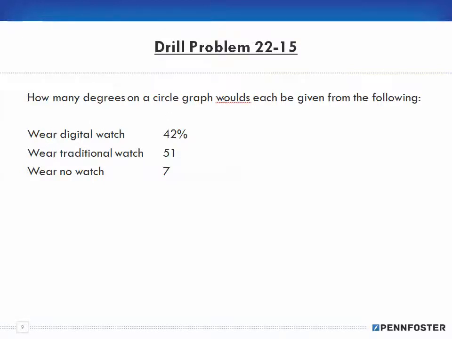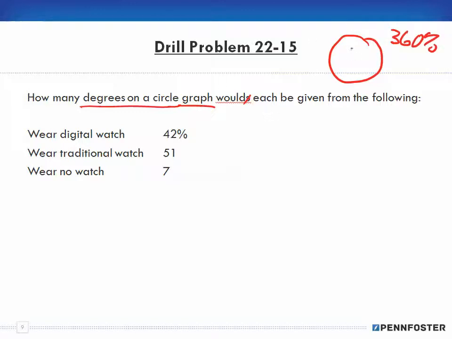How many degrees on a circle would be given the following? The people wearing digital watches are 42%, wearing a traditional watch is 51%, wearing no watch is 7%. And it asks how many degrees on a circle graph. Well, when you have a circle, that's 360 degrees.